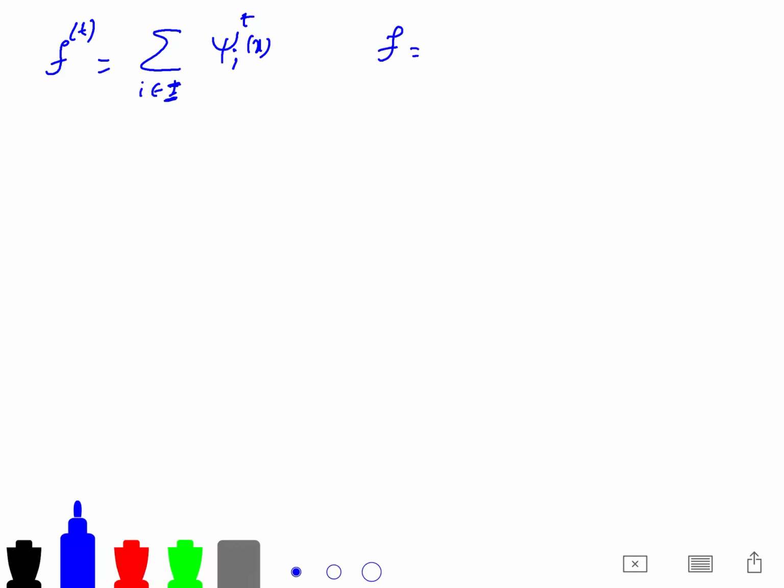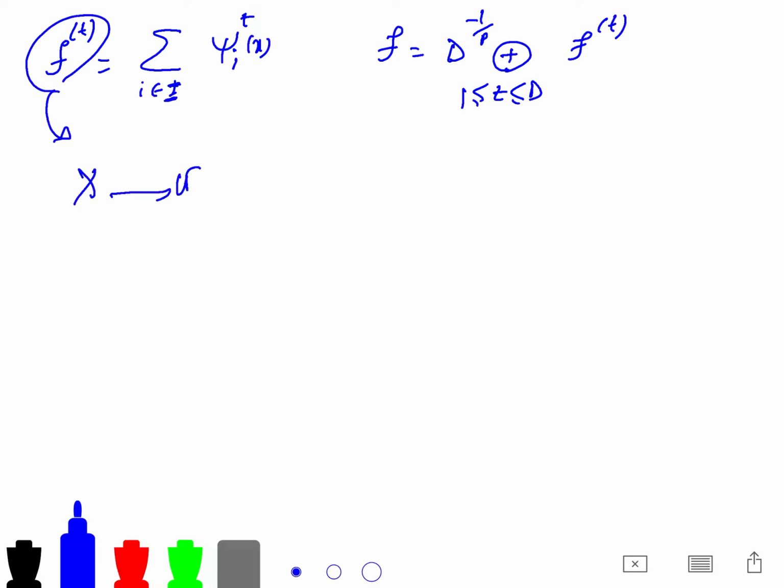So the embedding f is just the sum of f t, where f t is from X to R plus.